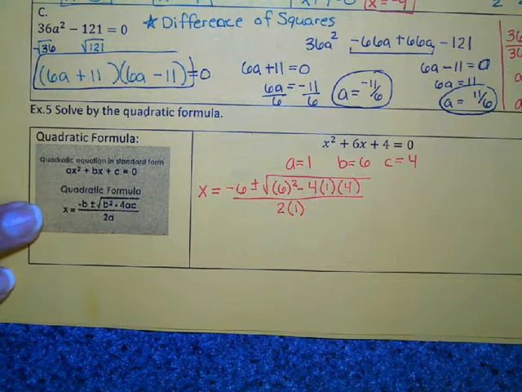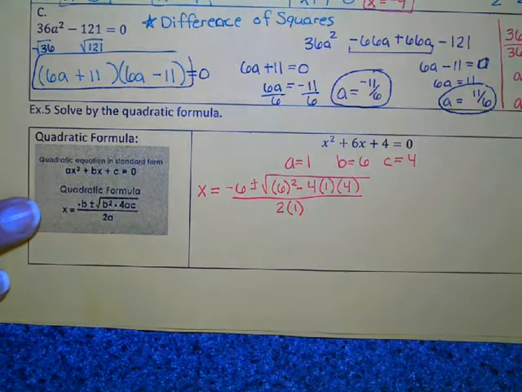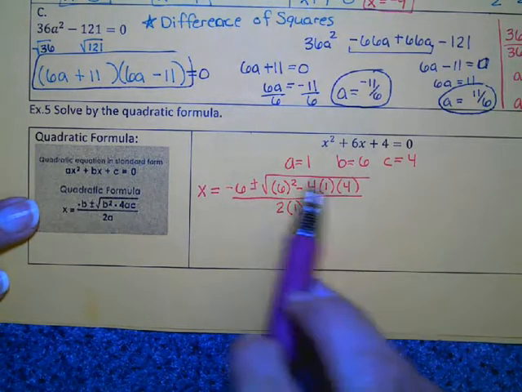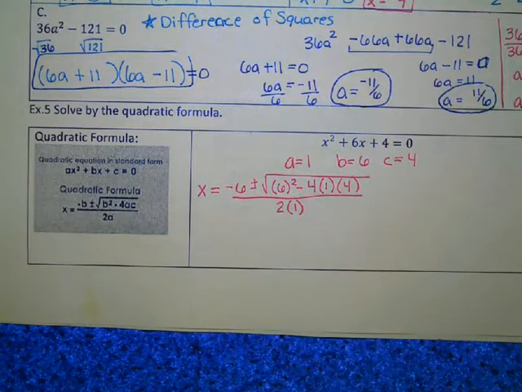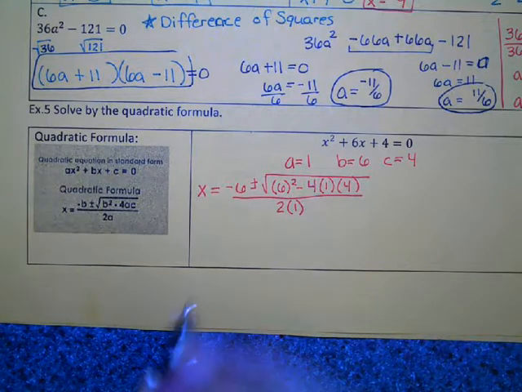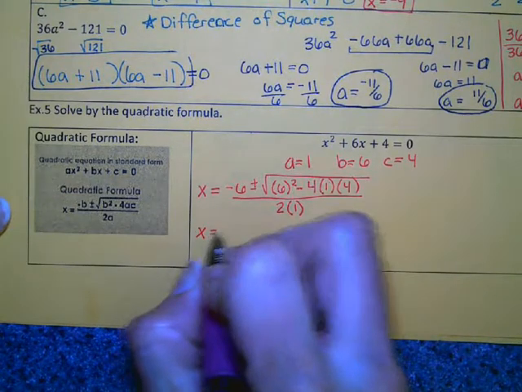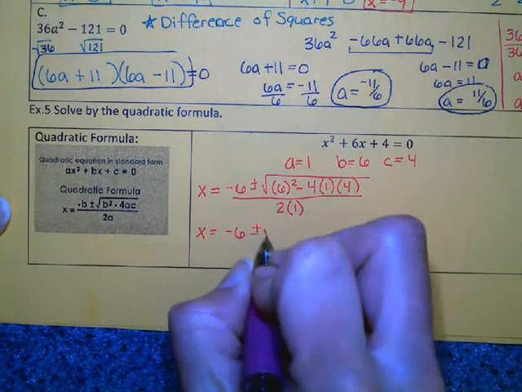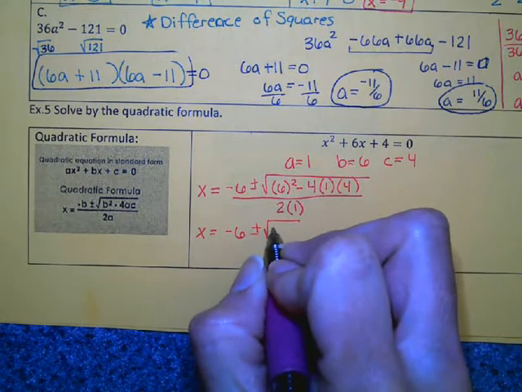You can really put everything that you see in here in your calculator, so I'm going to do 6 squared minus 4 times 1 times 4. So I get x equals negative 6 plus and minus the square root of, that comes out to 20. Now on bottom, 2 times 1 is just 2.